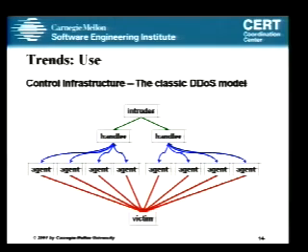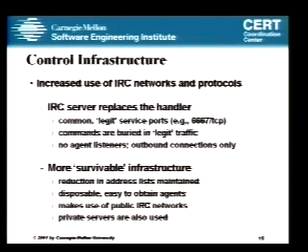This is a graphic showing the traditional or classic DDoS model where an intruder communicates with a handler, or one or more handlers, and those handlers then have knowledge of a group of agents which they can send commands to, to cause them to launch attacks against a victim in a coordinated fashion. What we're seeing is the handlers actually become IRC servers.